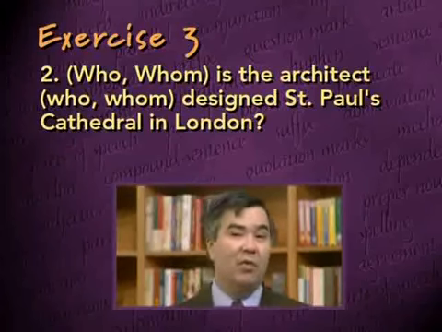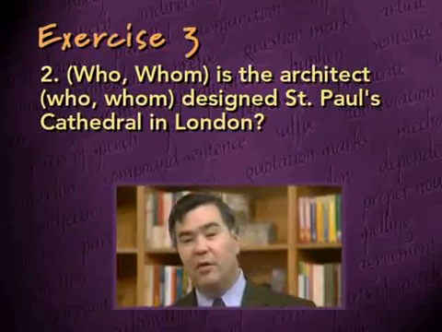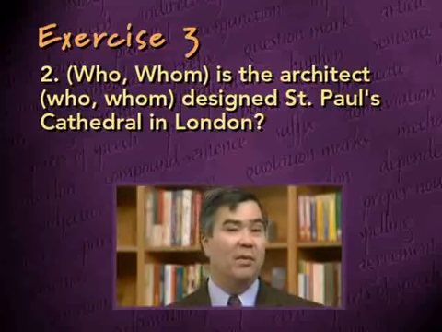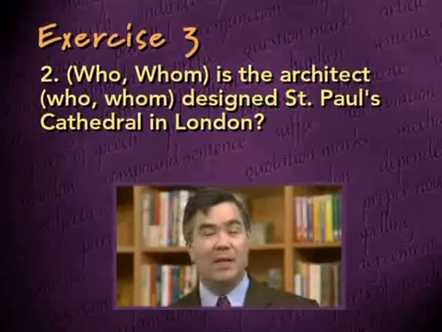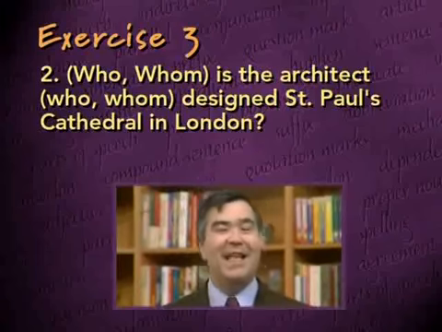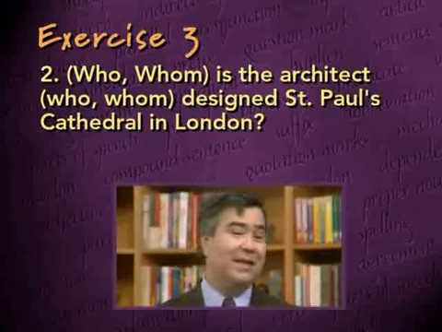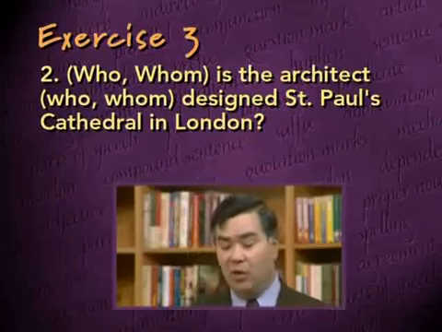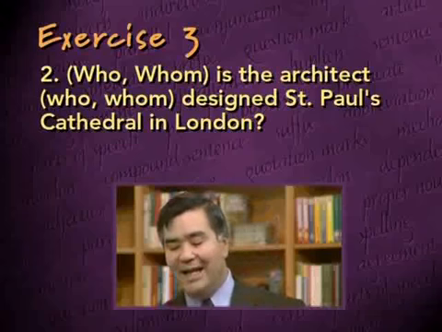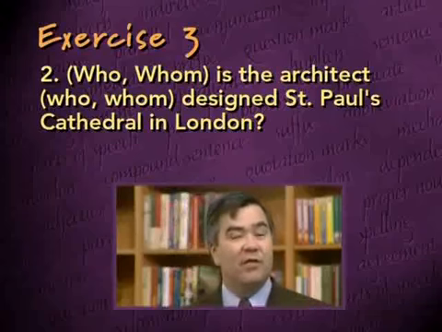And remember, our rule is to look for the verb that follows who or whom and decide where the subject of that verb appears. If who or whom is the subject, then who is correct. If who or whom is not the subject, then whom is correct. Let's start with the first who or whom. Who or whom is the architect? Where's the verb in that clause?